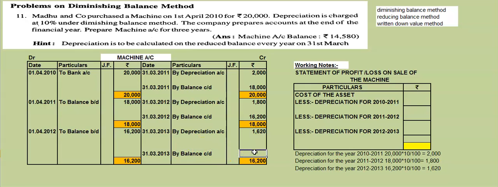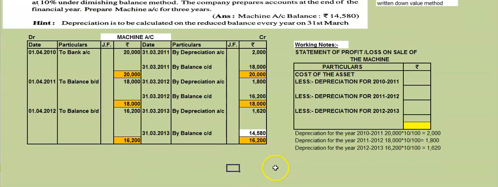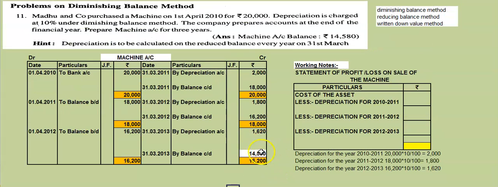How much will you get now? It is 16,200 minus 1,620. How much will you get here? 14,580. Is this correct now? So this is our answer. 14,580.